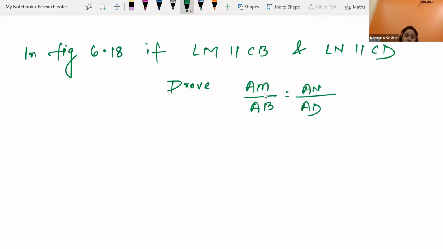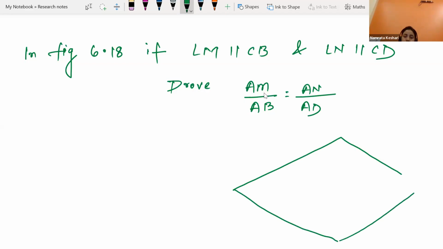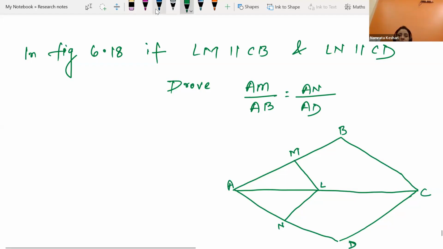Let me draw the figure. Okay, here it is given that LM is parallel to CD.